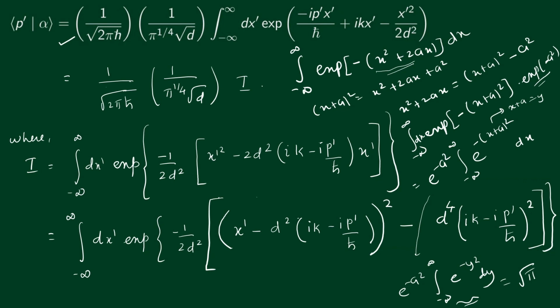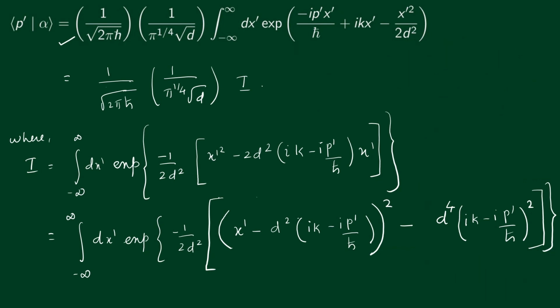So let's take a close look at this integral. I is equal to minus infinity to infinity dx prime exponential. This is the integral that we have. We see that there is this x prime square divided by 2d square in here. So let's just take minus 1 by 2d square outside. So that's what I do.